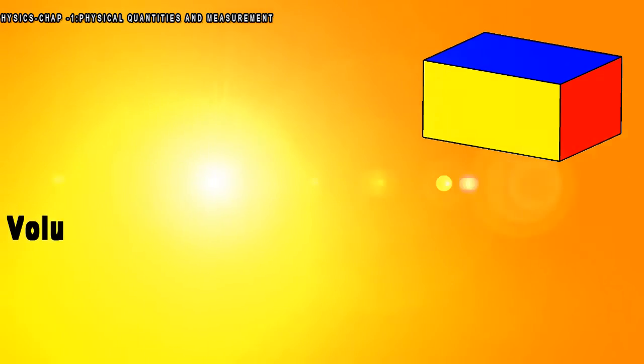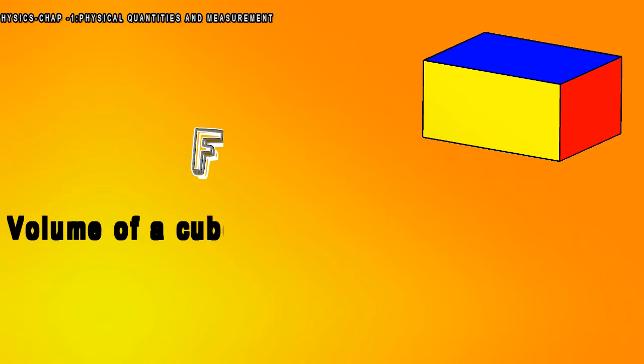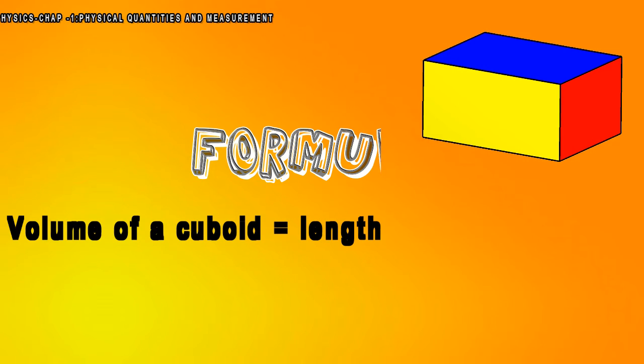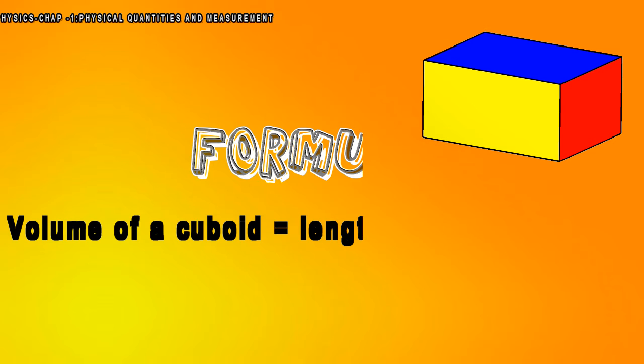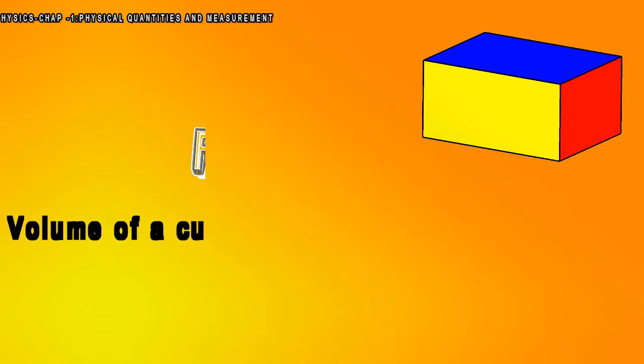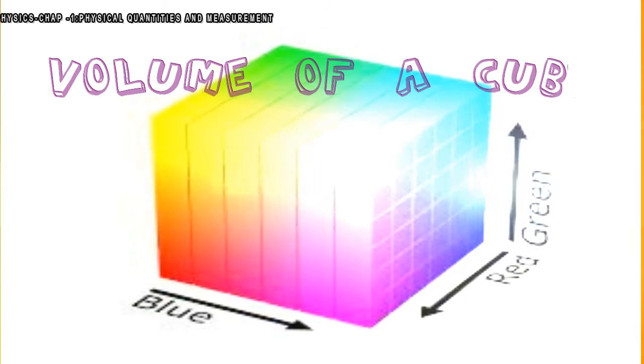Cuboid means a solid whose length, breadth and height are different. We can calculate its volume by the formula: volume of a cuboid equals length multiplied by breadth multiplied by height.